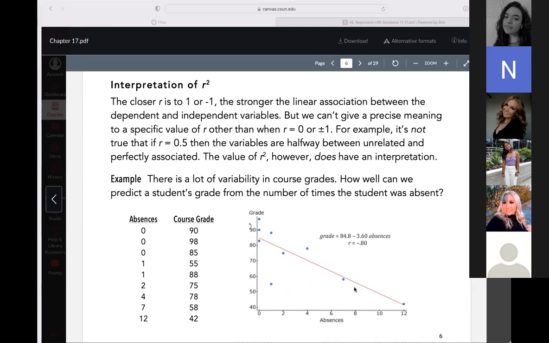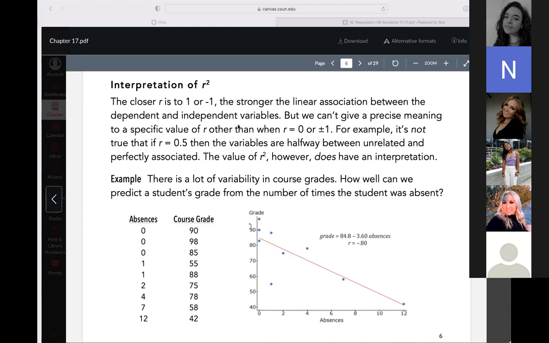Okay, well, first of all, the closer R is to 1 or -1, we know the stronger the association between the two variables. Correct? Okay. When R is exactly 1, they fall on a line in the positive direction. When R is exactly -1, they fall on a line in the negative direction.